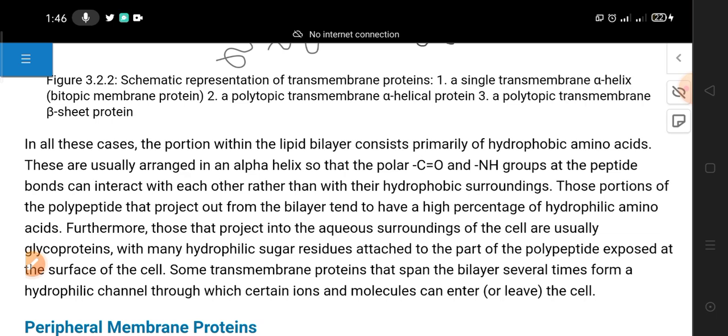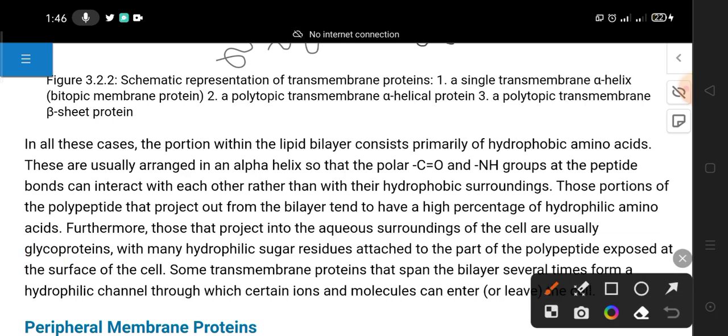These are usually arranged in an alpha helix so that the polar carbon-oxygen and nitrogen-hydrogen groups of the peptide bond can interact with each other rather than with their hydrophobic surroundings.